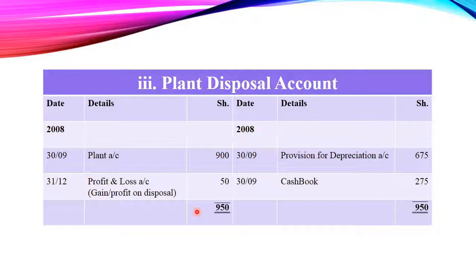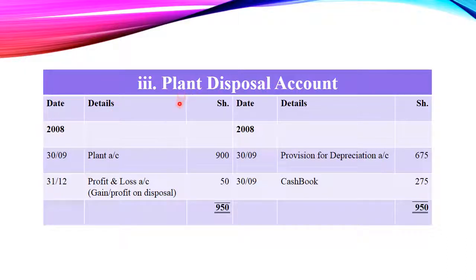Taking you back to the profit and loss account, in the income statement, or what we call the statement of comprehensive income, what we call expenses are normally debited. Any incomes are credited. The figure here is a debit in the plant disposal account.